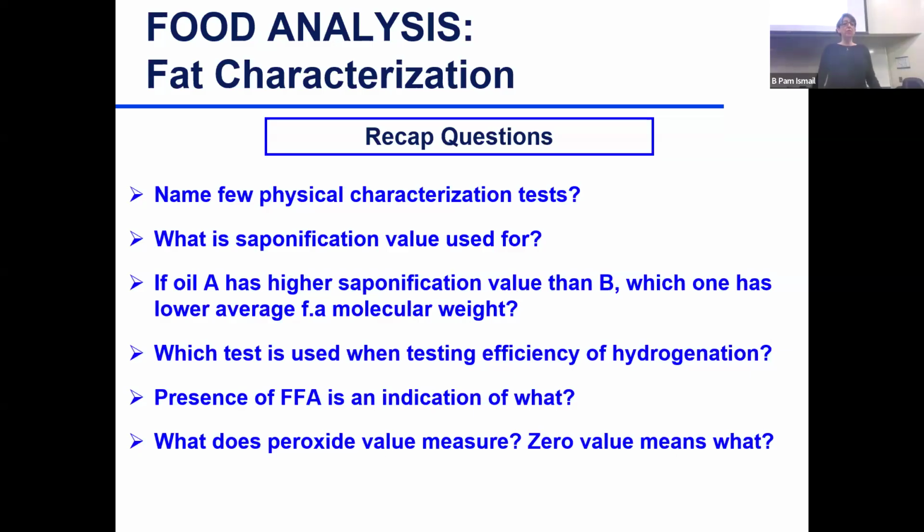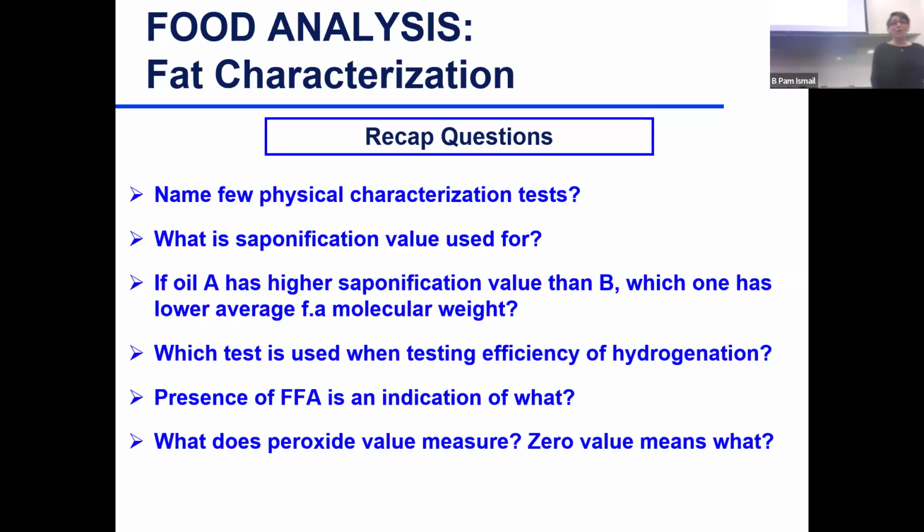So what are a few physical tests that you could remember that we talked about? Refractive index, yes, it's for identification. What else? Smoke point, flash point, fire point. Yep.